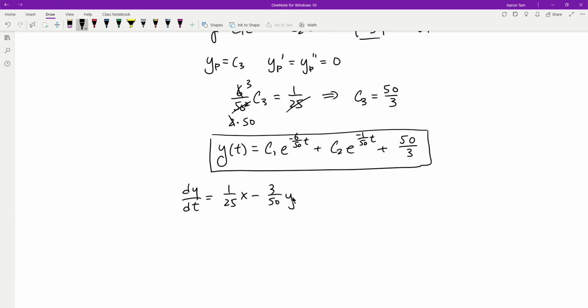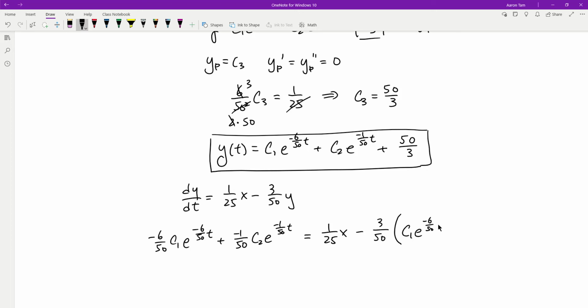So if I take the derivative of y, I would get negative 6 over 50 c1 e to the negative 6 over 50 t plus negative 1 over 50 c2 e to the negative 1 over 50 t plus the constant's derivative, which is 0, should equal 1 over 25 x minus 3 over 50 times y, which is c1 e to the negative 6 over 50 t plus c2 e to the negative 1 over 50 t plus 50 over 3.